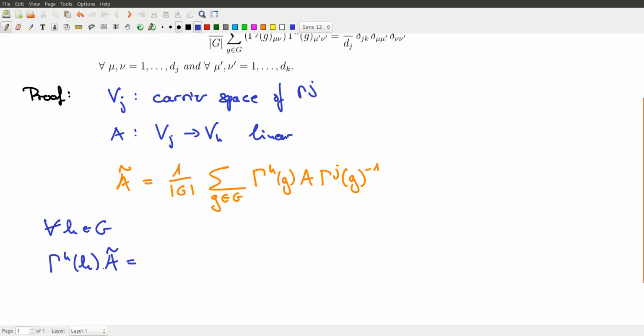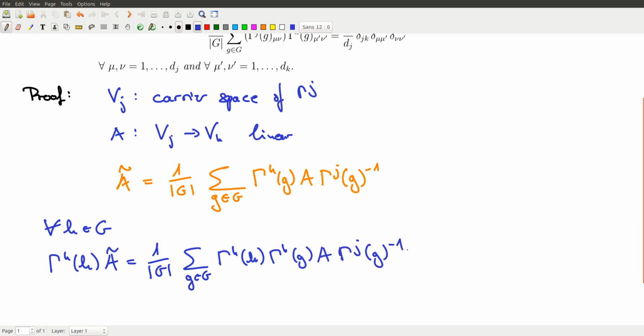We will see that we can somehow commute this through at the cost of changing from k to j. So let's just write it out. We have 1 over the order of the group, sum over all group elements, gamma k of h, gamma k of g, A, gamma j of g inverse.